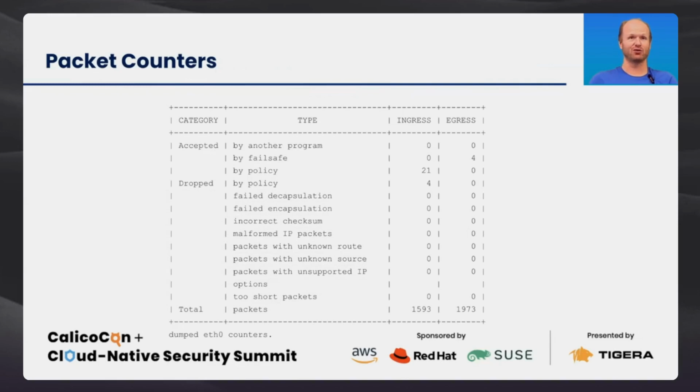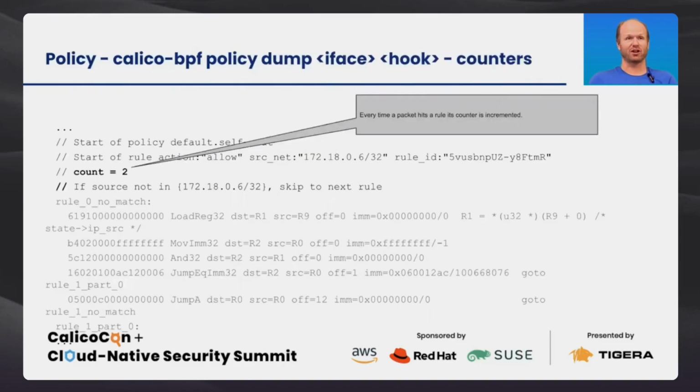It gives you the usual how many packets were accepted, how many packets were dropped by policy, but it also tells you if packets are being dropped because of some errors and some problems. Those counters should be 0, right? So if they are not 0, it probably gives you some indication of what might be the problem in your network. One of the most important counters, though, are the counters that are included with the policy dumps.